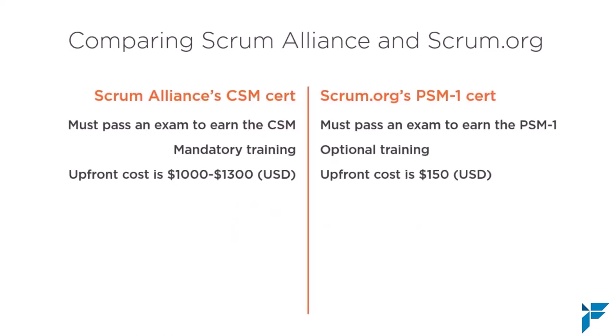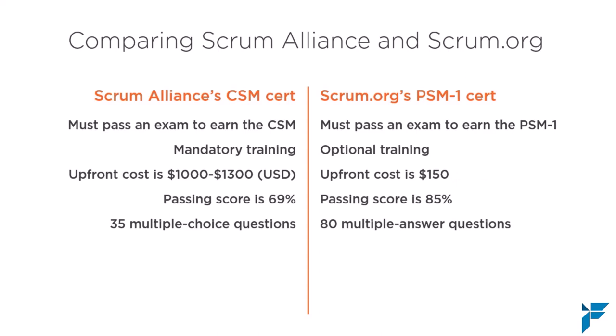Now let's examine the exams. Both the CSM and PSM exams are non-proctored online exams that are open book and open note. Those are the similarities, but there are some very significant differences between the two exams. Let's start with the passing score.